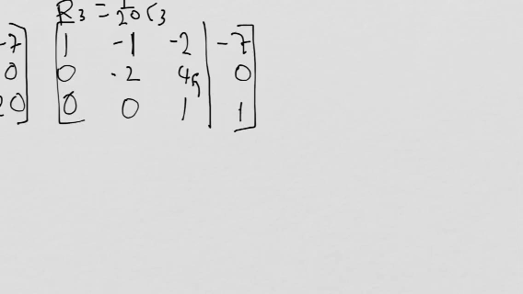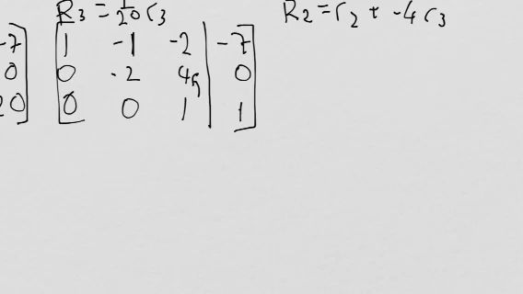In order to make a 4 a 0, we know we're editing row 2. So row 2 equals R2 plus negative 4 R3.